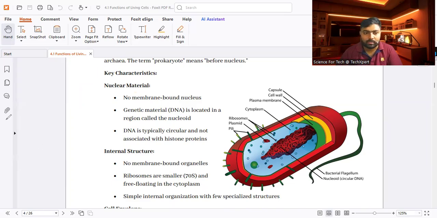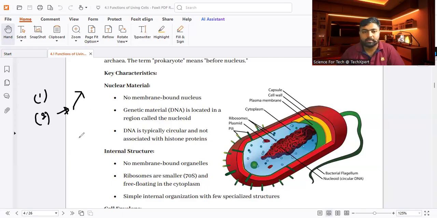Membrane bound organelles, what are they? In some organelles, we can see a single membrane. There are three organelles in which we can see two membranes, the outer membranes actually.